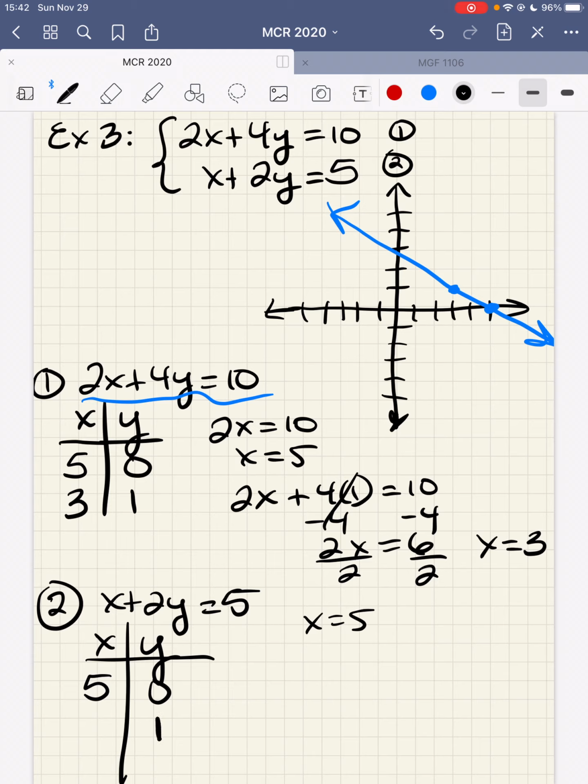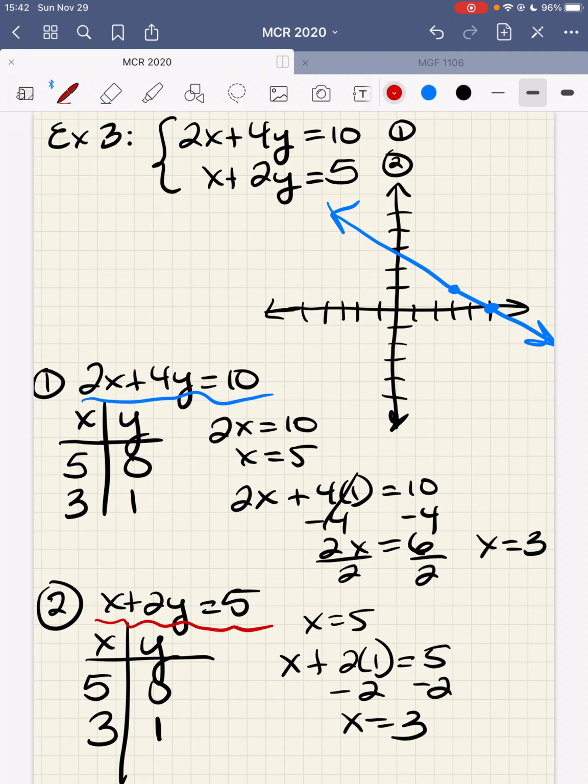This is going to be too bad. So I have x plus 2 times 1 is equal to 5. If I subtract 2 from each side, x is equal to 3. Not horrible. I'm going to graph this in red. So I have 5, 0. And I have 3, 1.